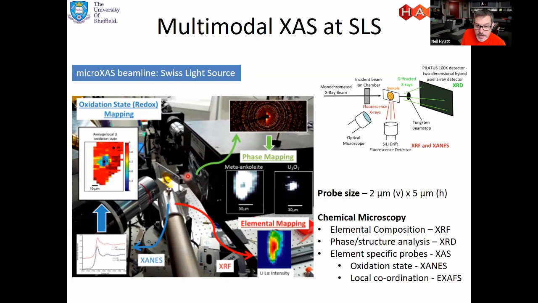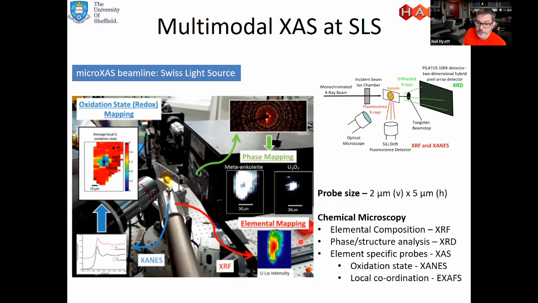On this slide, the beam comes from left to right, and the sample is translated on this stage and moved in the beam. The signal of interest is monitored at each step or pixel to create two-dimensional maps. The intensity of characteristic X-ray emission of the elements of interest is monitored for elemental mapping, which gives us XRF maps.